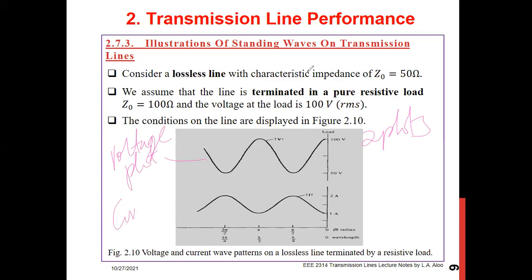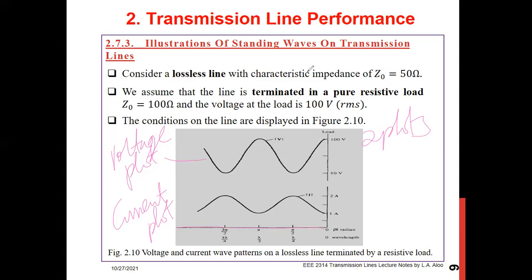And the lower one is the current plot. Now, the horizontal axis is the one that is used to represent the distance along the transmission line.